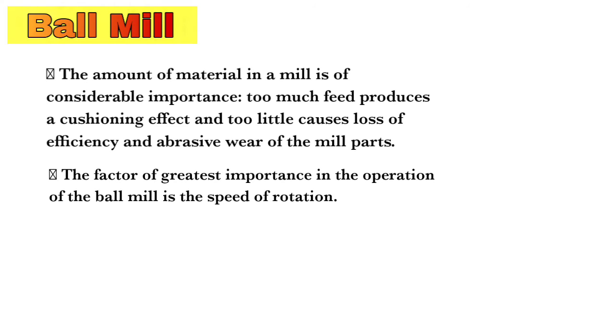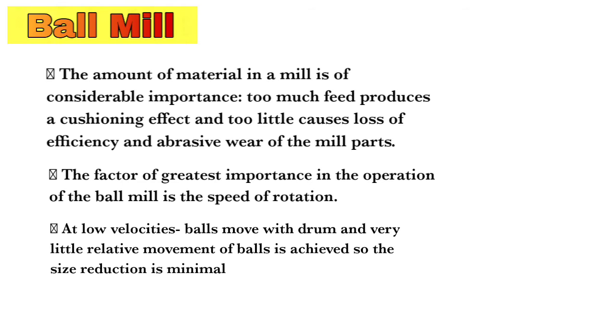The factor of greatest importance in the operation of the ball mill is the speed of rotation. At low velocities, balls move with the drum and very little relative movement of balls is achieved, so the size reduction is minimum.